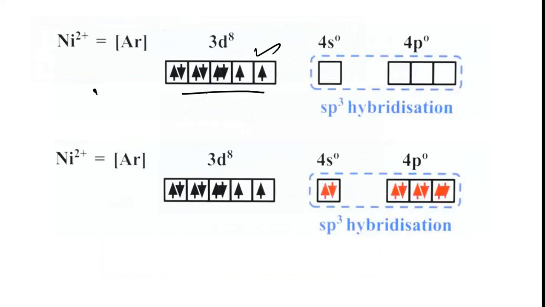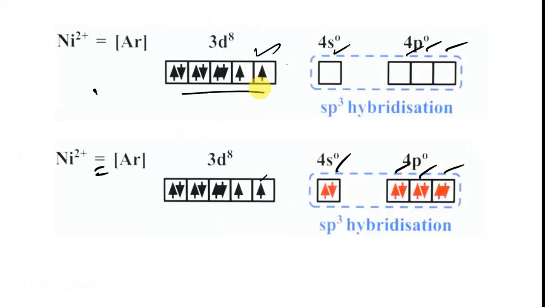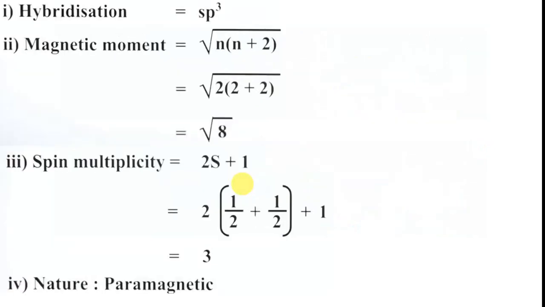Chlorine, being a weak field ligand, does not have any power to push the electrons here, so it will take the available orbitals. This s is available, and these 3p are available, so the chlorine puts its electrons there. So it will be sp3 hybridization. How many unpaired electrons are there? There are two unpaired electrons in the d orbital.